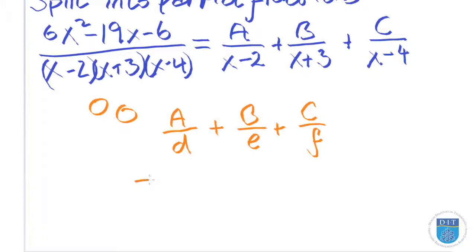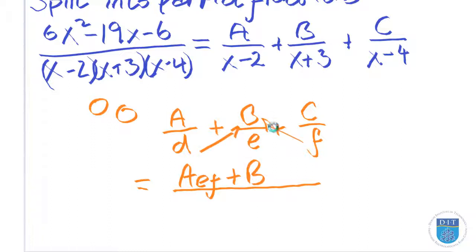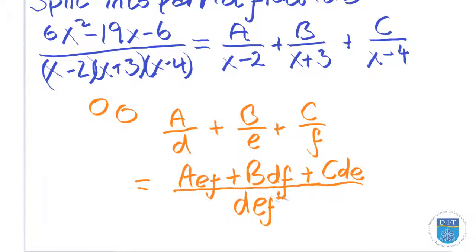The result is one big fraction: A over the other bottoms, EF, plus B over the other two bottoms, DF, plus C over the other two bottoms, D and E, all over the three bottoms stuck together. Right, so that's what I'm going to do with those blue fractions up above.